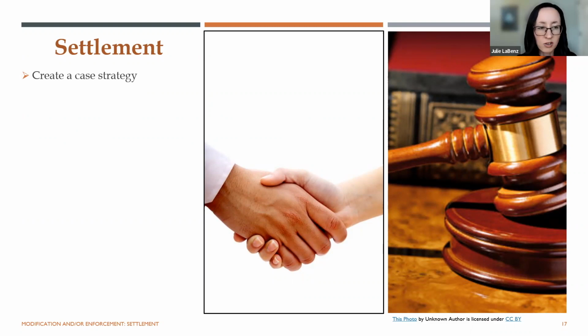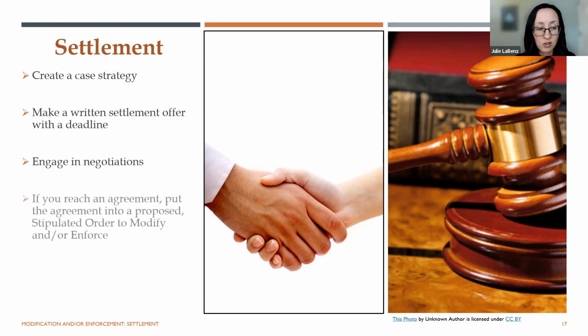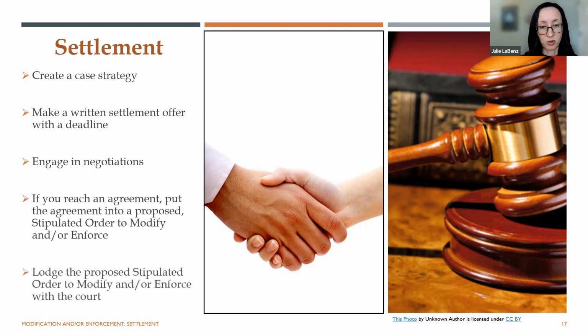So create your case strategy, figure out what you want, put that into a written settlement offer, include a deadline, and engage in negotiations. If you're able to reach an agreement, put that agreement into a proposed stipulated order to modify and/or enforce, and then file that with the court. Once the judge signs it, the order's in place.